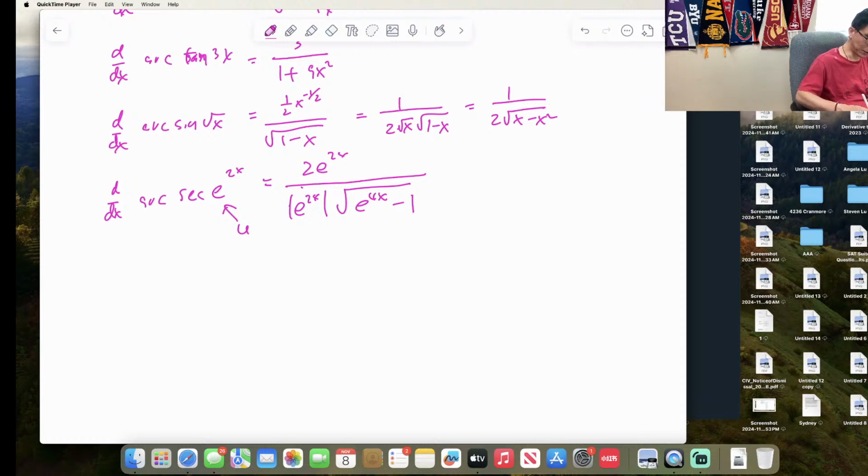Now e to the 2x is always positive, right? So if it's always positive, can I just write down e to the 2x over e to the 2x, square root of e to the 4x minus 1? This should cancel out, so it'll be 2 over root e to the 4x minus 1.